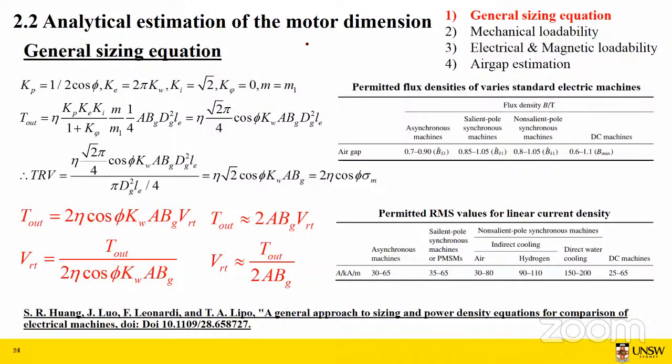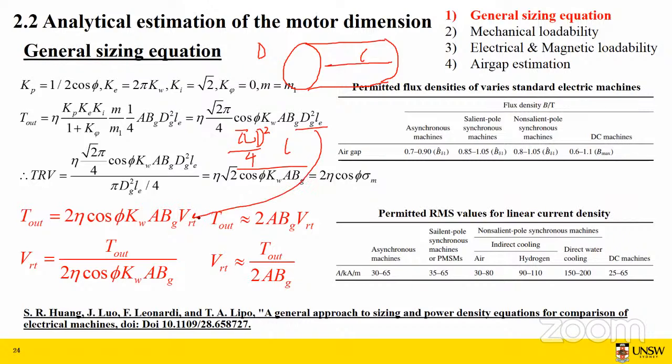If this is our rotor cylinder, and we know the diameter D and the length L, its volume is pi over 4 times D square times L, right? So we can go from this to here and get the rotor volume.